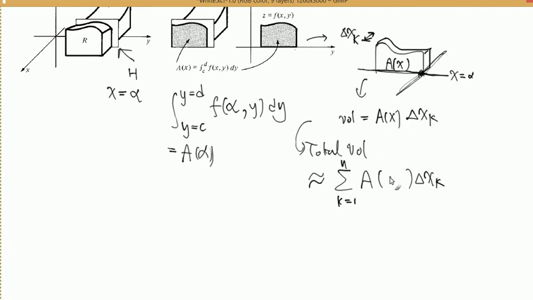You can use x k or x k star, doesn't matter. Whatever sample you choose in between the interval x k minus 1 and x k. Here it seems like I'm using x k, so you can replace it. But it doesn't matter, it turns out, because it's a continuous function. They all converge to the same number. So you may leave it like that for simplicity.